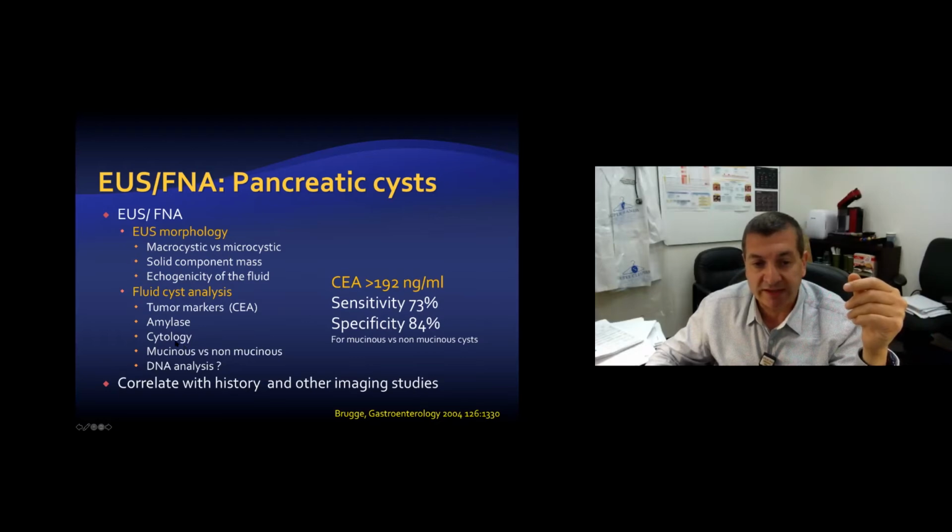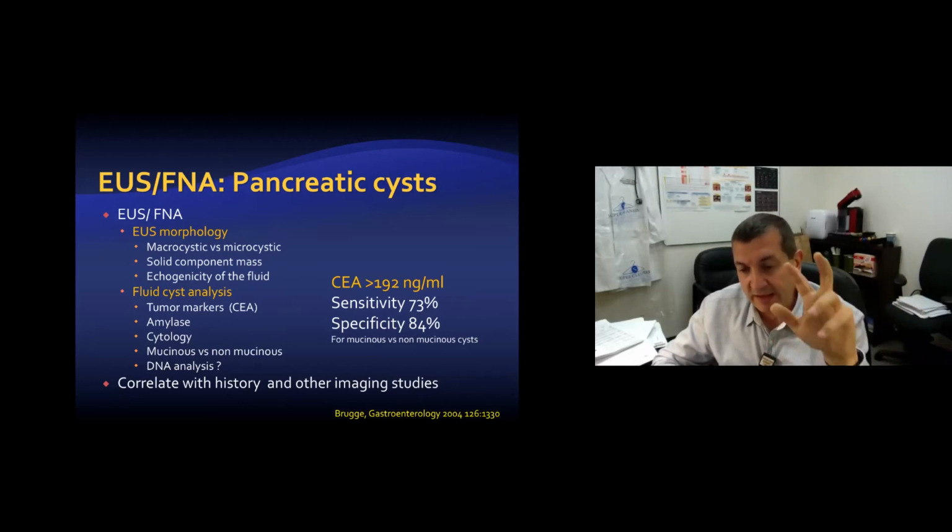We can also look at cytology, and we can look whether there is a mucinous or non-mucinous component. And there are studies that looked at DNA analysis of that fluid. However, I will tell you that most of it, amylase, CEA level, and cytology are the key components that will give us a big idea of where to categorize this lesion.